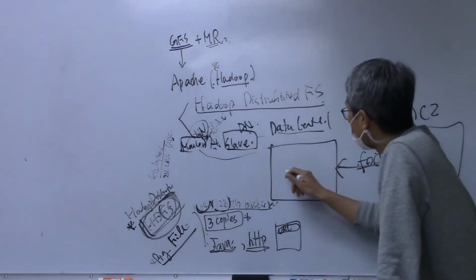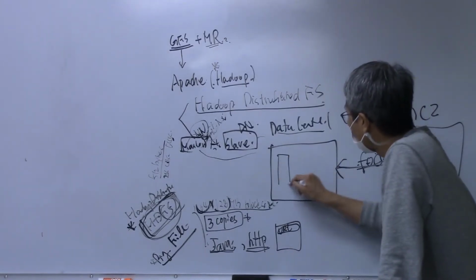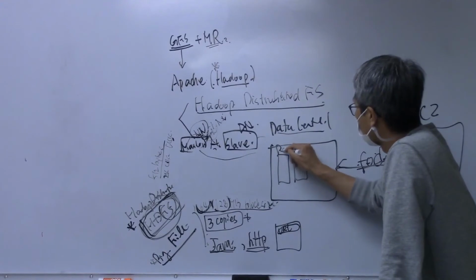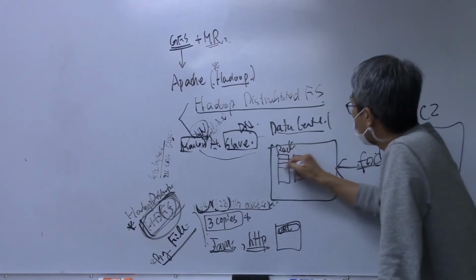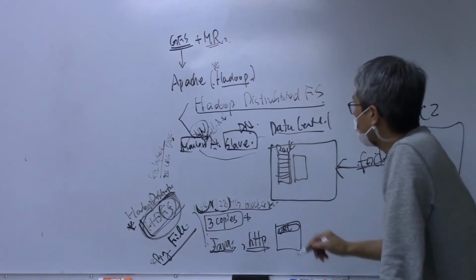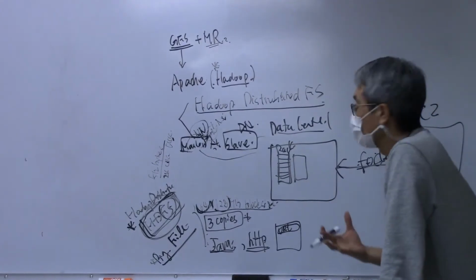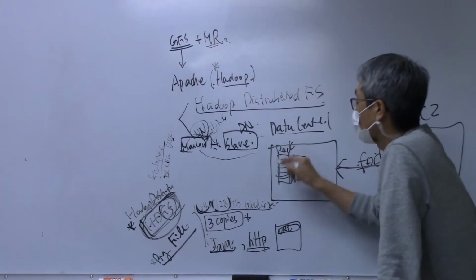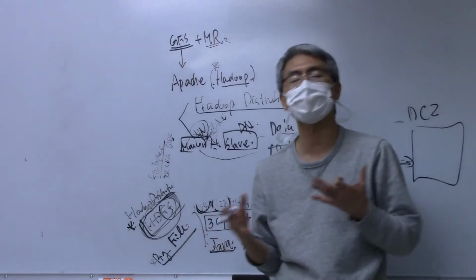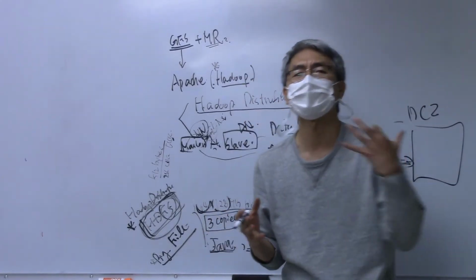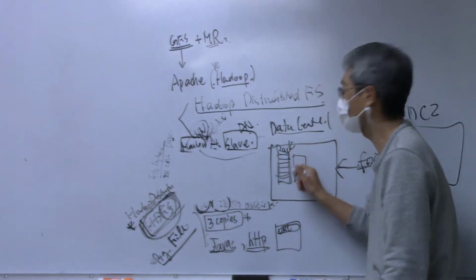Then each data center has a number of racks. One rack has a number of blade servers. Blade server means we don't have to have a monitor, mouse, and keyboard for each computer.